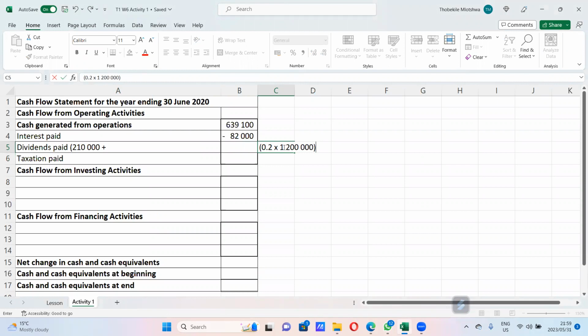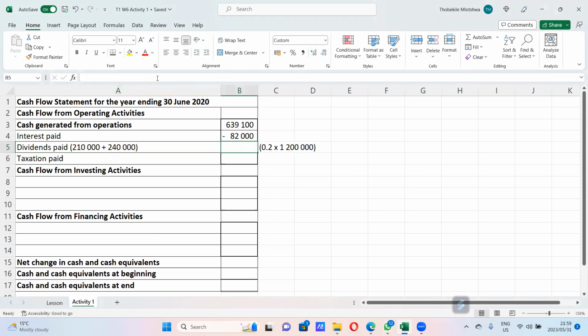Let me use my calculator. I could have used Excel, but okay, 0.2 times 1,200,000 gives us 240. I hope you also got 240.